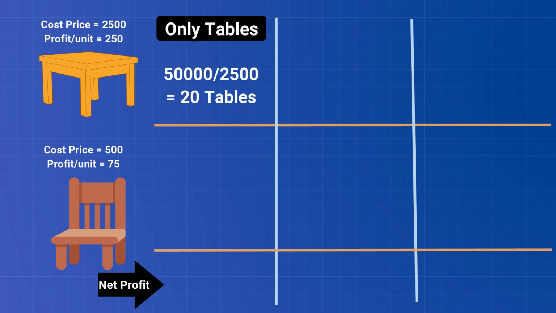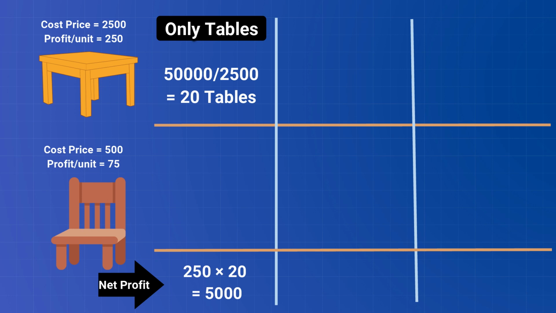He can buy 50,000 divided by 2500, 2500 being the price of the table. That means he can buy 20 tables. His profit in this case will be 250 into 20, 250 being the profit that he can make by selling one table. That means he can make a profit of 5,000.